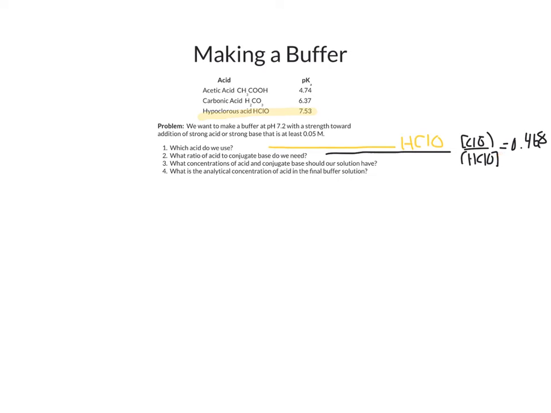So if I rearrange my ratio, I can see that the concentration of conjugate base needs to be equal to 0.468 times the concentration of the conjugate acid. And so I need to have more conjugate acid in solution than conjugate base. So I need to have at least 0.05 molar of each.